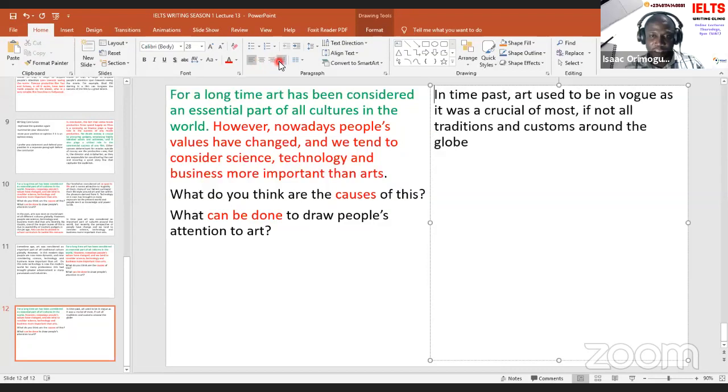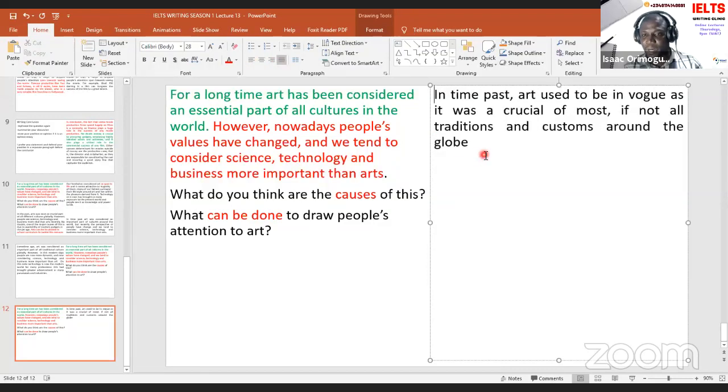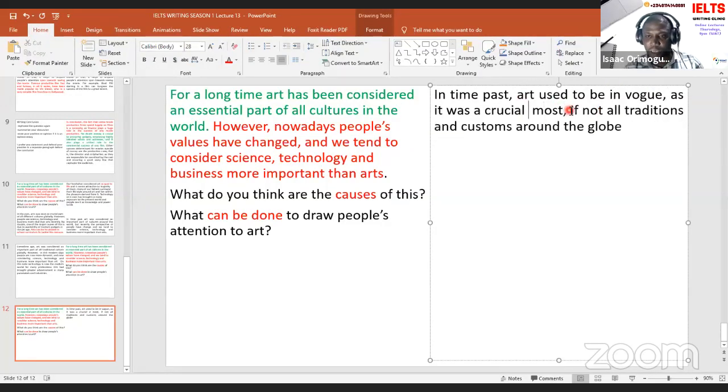Okay, so that's my first statement. In time past, arts used to be in vogue. I'm very deliberate in trying to add those words. That is, it was crucial, it was trendy, as it was crucial in most, if not all, traditions and customs around the globe.